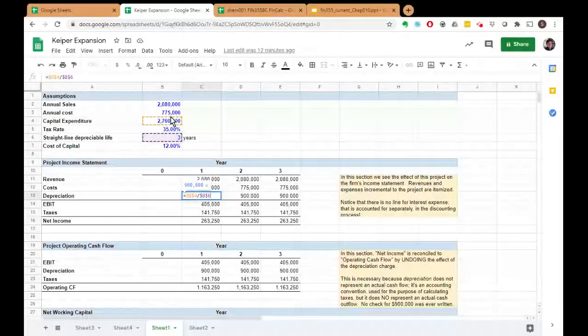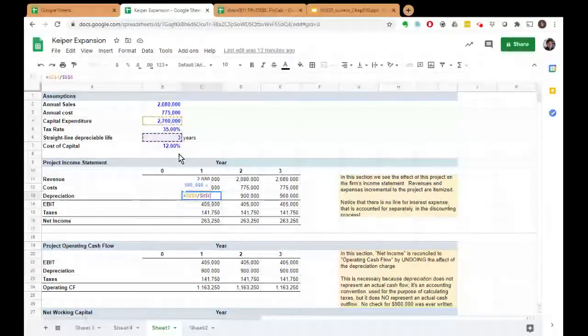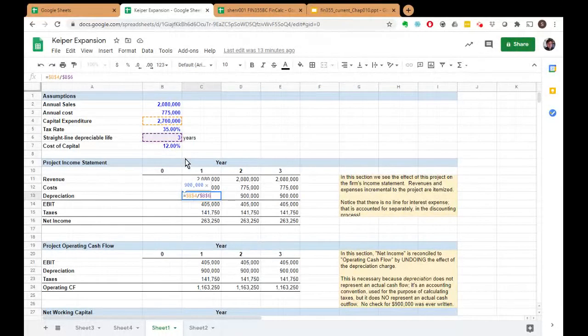Here it's just calculated as the capital expenditure divided by the depreciable life, the straight line depreciation all the way down to zero. Those of you who are accounting majors will probably argue with that a little bit, but this is pretty typical for the analysis of investment projects in finance textbooks and finance courses.